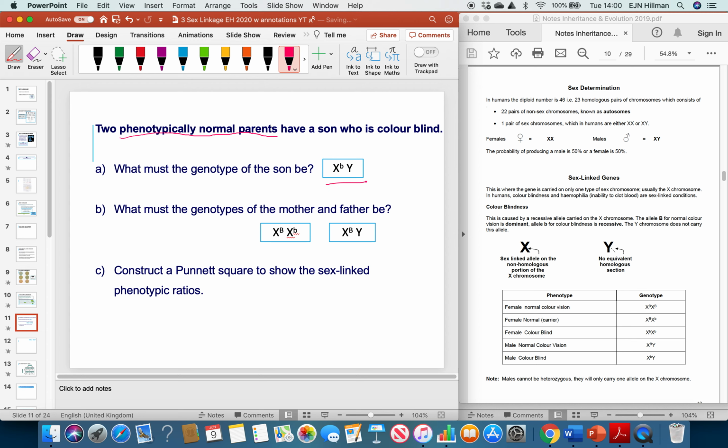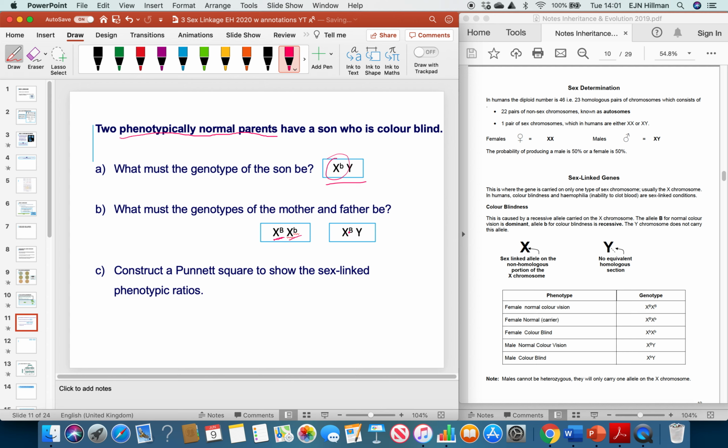A colourblind son must have this genotype. That gives us a clue as to the genotype of the female. She's phenotypically normal because she has this dominant allele on one of her X chromosomes. But she must be a carrier to pass on that X chromosome to her son, so she is heterozygous.